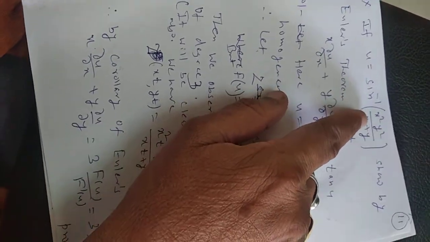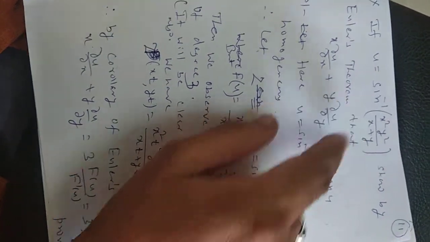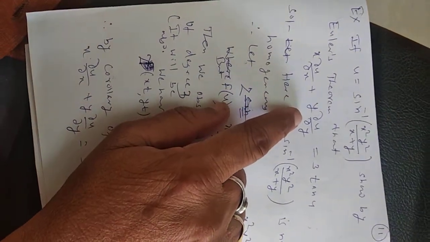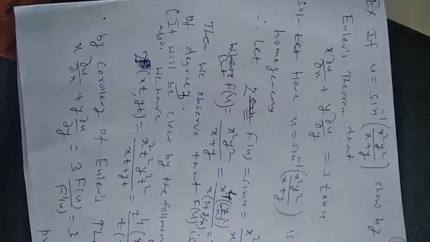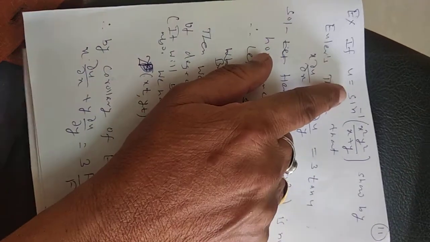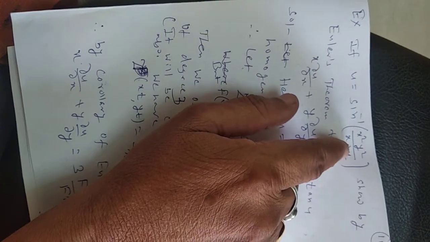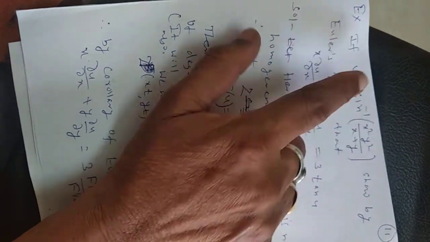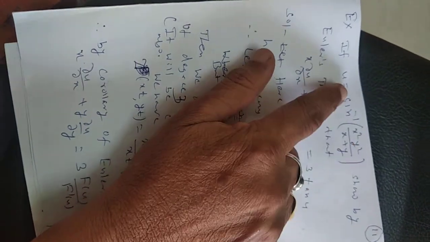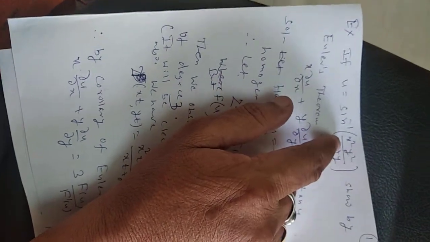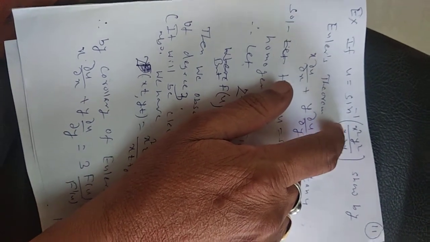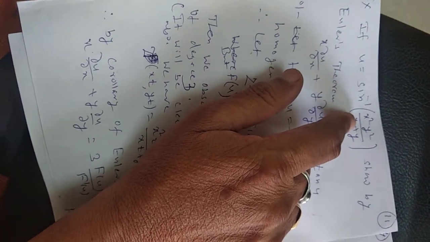So if u = sin⁻¹((x²y²)/(x+y)), show by Euler's theorem that x ∂u/∂x + y ∂u/∂y = 3 tan u. Here we observe that u is not directly homogeneous, as it is sine inverse of this one, and we cannot take out x etc., therefore this is not directly homogeneous.